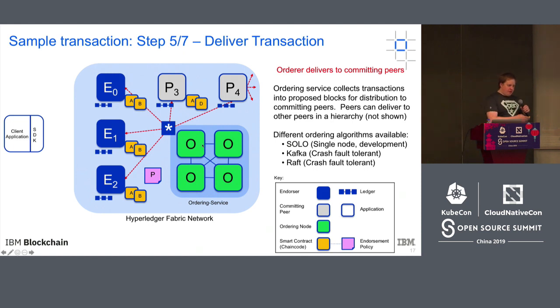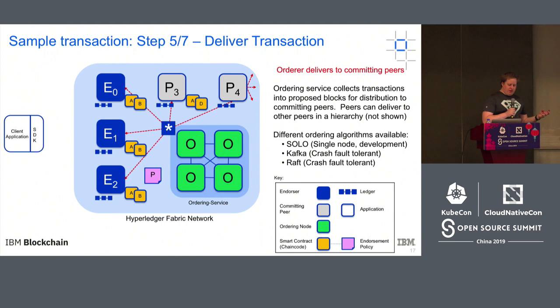There are different algorithms to determine what the consensus mechanism is. The basic development environment version is called Solo, and that's just a single node with no fault tolerance whatsoever, but it's intended for development use. There's a Kafka-backed service, which is backed by a separate Kafka service, or instances of Kafka that run outside of the orderer process itself.